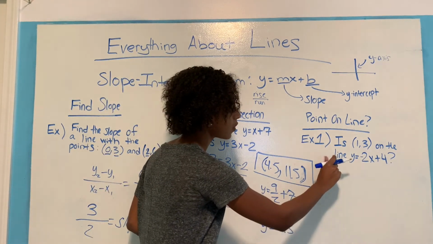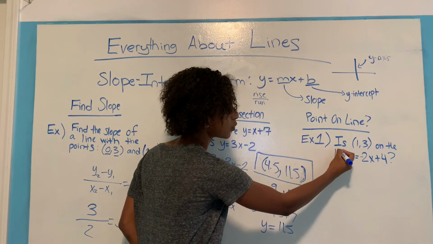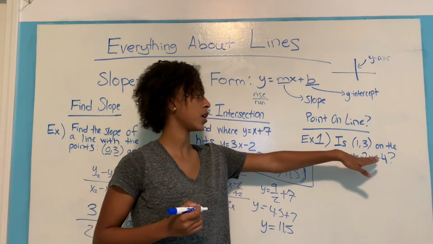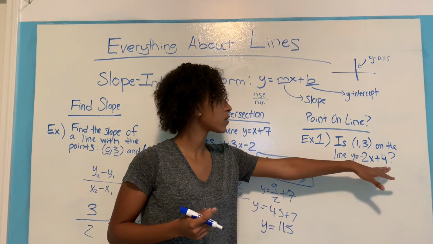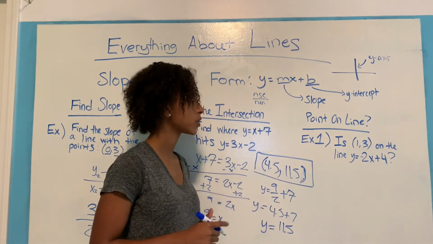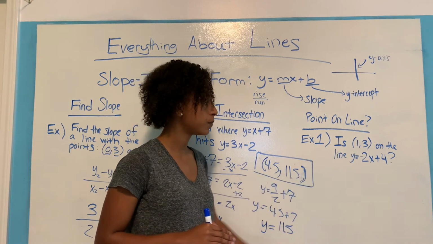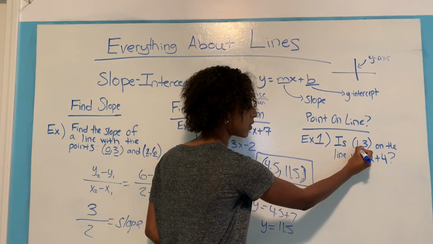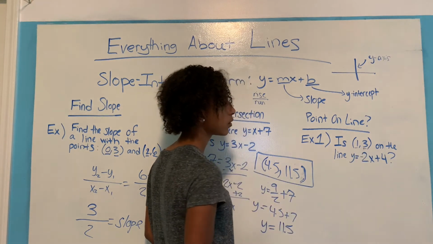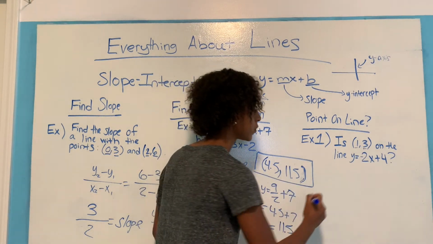In this problem, the point is (1, 3) and the line is y equals negative 2x plus 4. All you're going to do is plug in both of these numbers. Remember how I was saying that this is the x value and this is the y value? You're just going to plug that in.